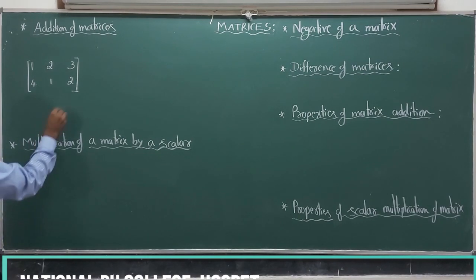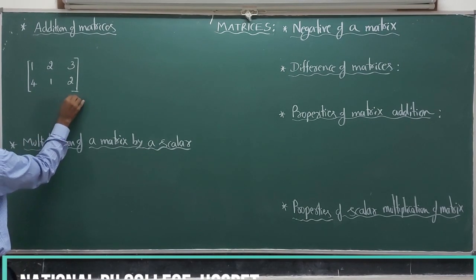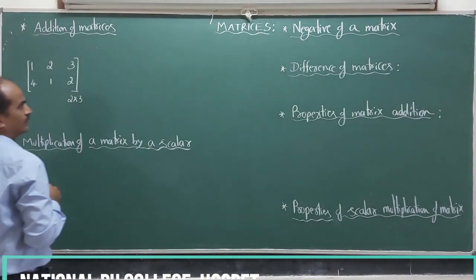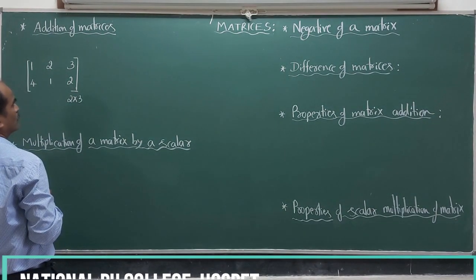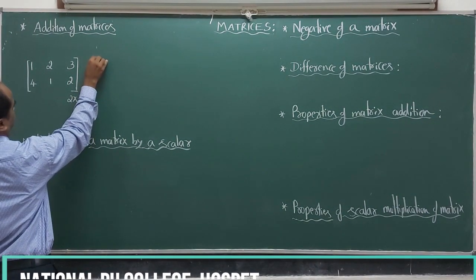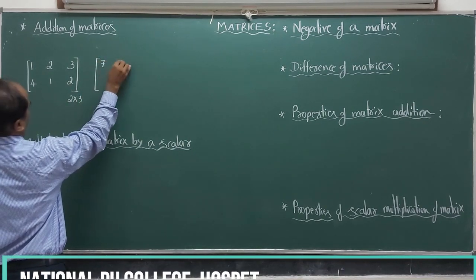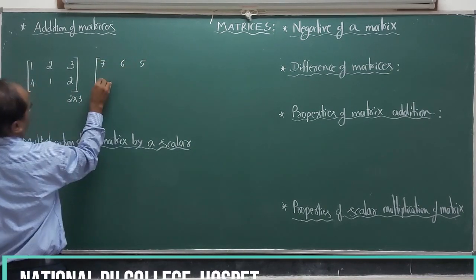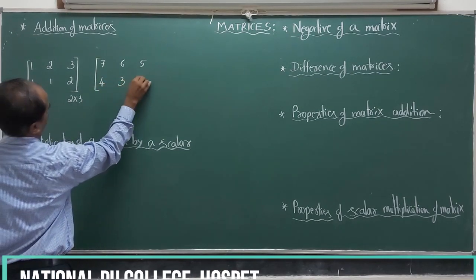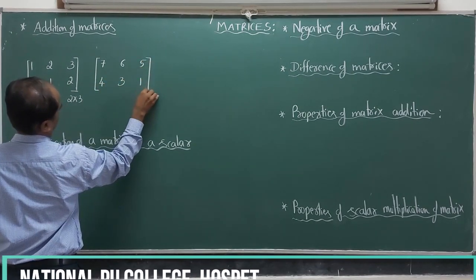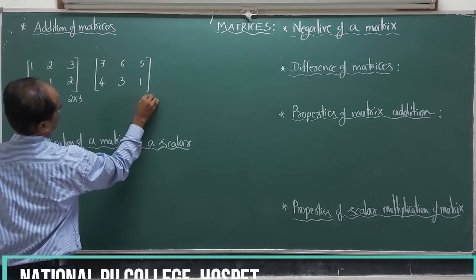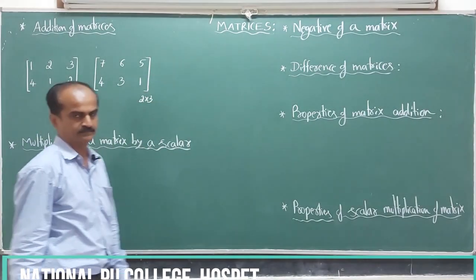So first matrix is of order 2 by 3. Let me write one more matrix. Clearly it is also of the order 2 by 3.